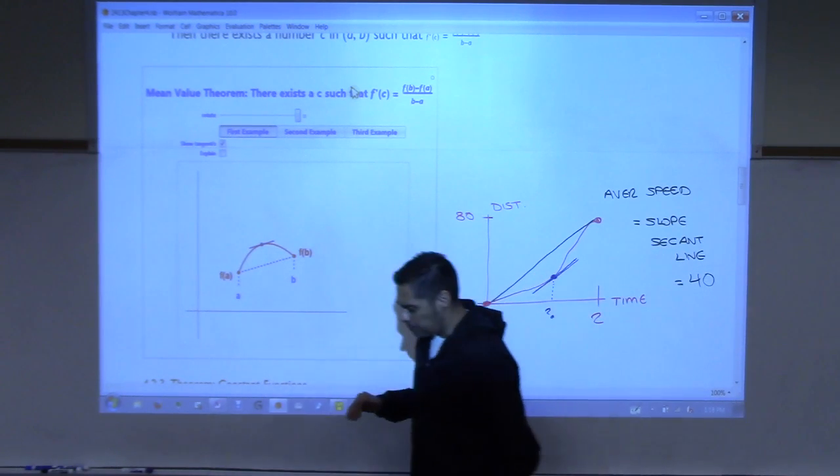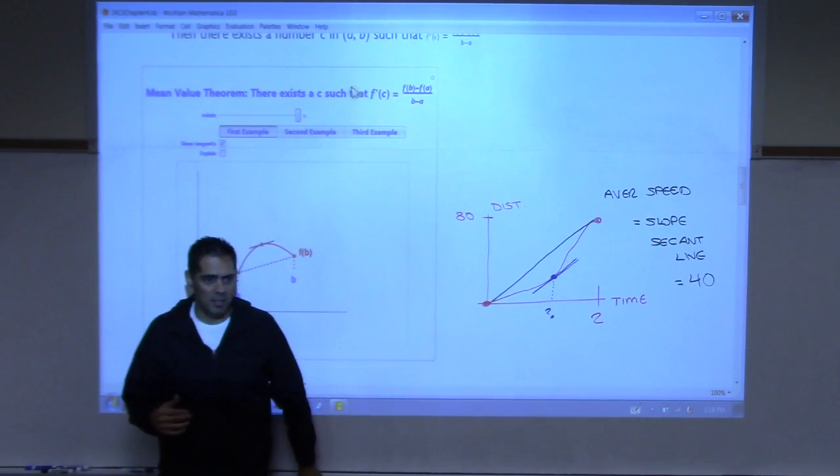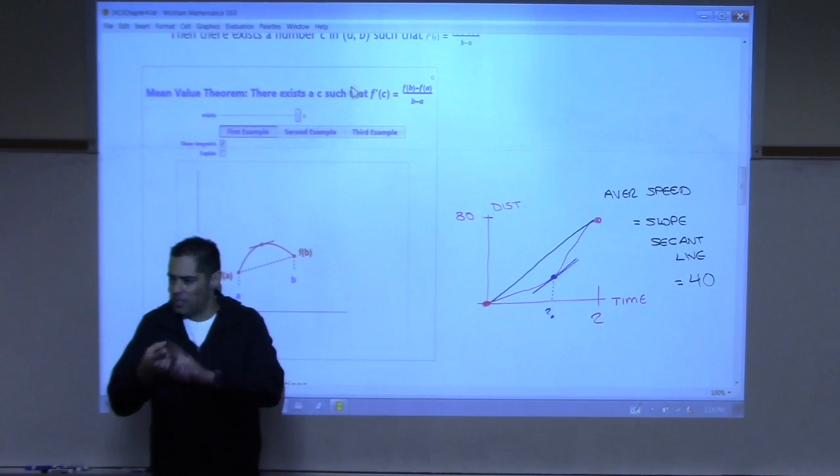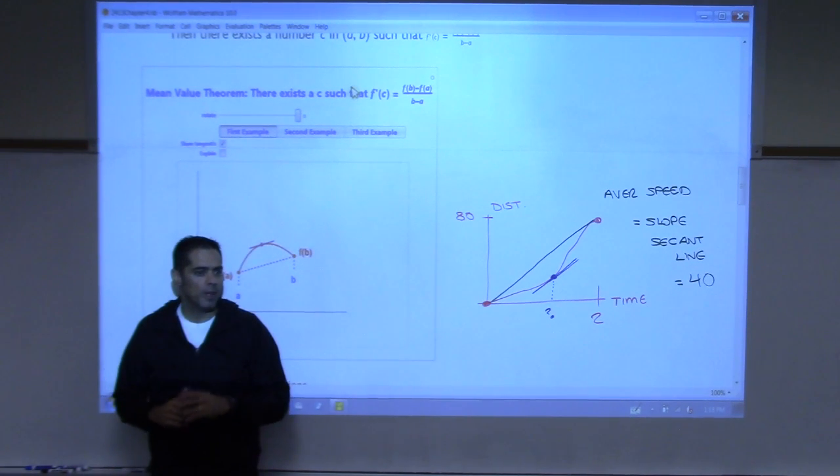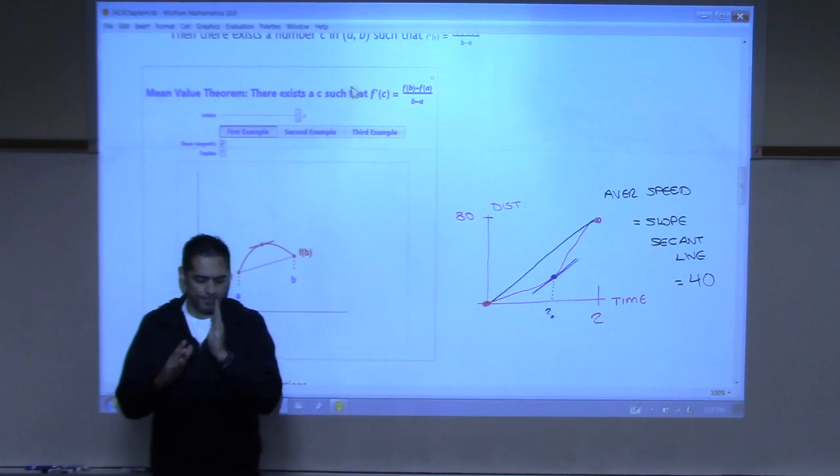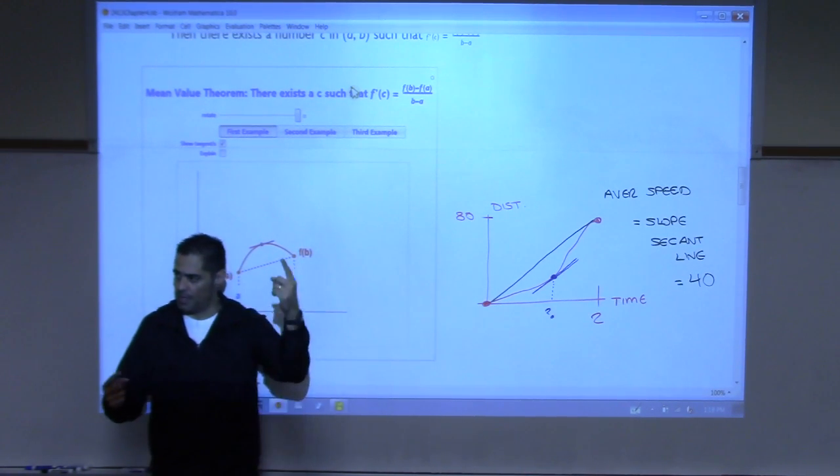I want to back up. The mean value theorem says as long as the conditions are met, continuous function, differentiable on the inside, there has to be somewhere inside where you will achieve your function's average value. Somewhere in there, the slope of the tangent line will be equivalent to the slope of the secant line.